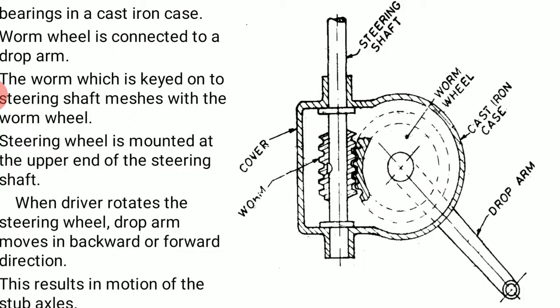So it consists of a worm and a worm wheel. In place of the worm wheel, only a sector may be used. As the steering wheel turns, the rotation of the worm drives the worm wheel. A drop arm is rigidly attached to the wheel spindle. So rotation of the worm wheel through the steering wheel causes the drop arm to move to and fro, thereby actuating the link rod connected to it and swiveling the front wheels.